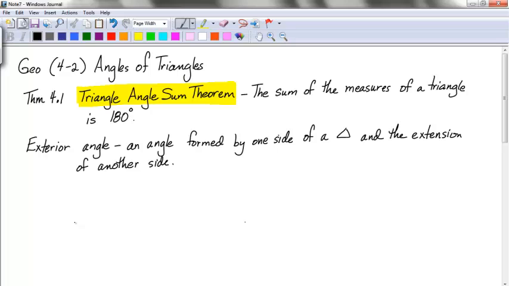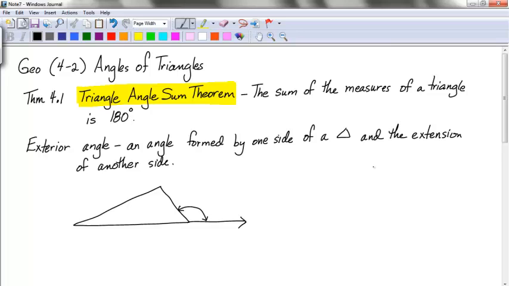So, for example, if I have a triangle that looks like this, an example of an exterior angle is to extend one of those sides. This would be the exterior angle, this one right here. All the others are interior angles.